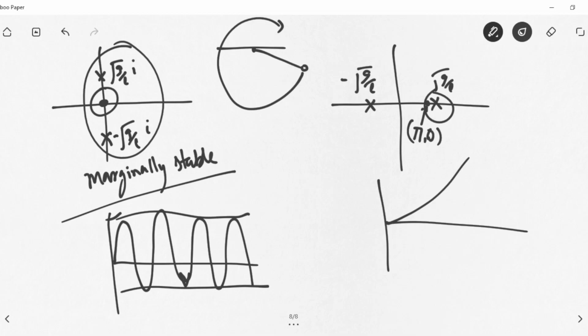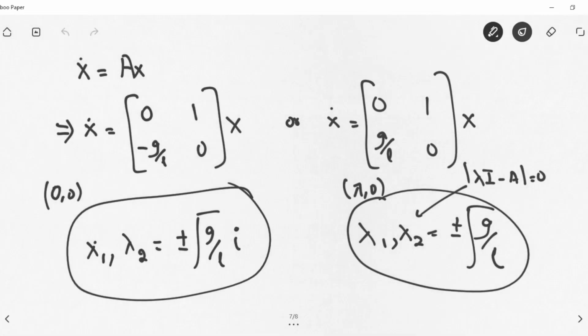Now let us look at whether this system will be controllable or not. Since we do not have the B matrix, it is not possible for us to check the controllability matrix.